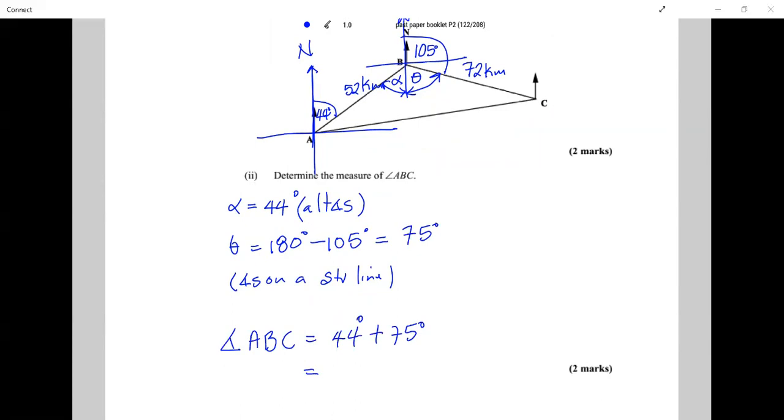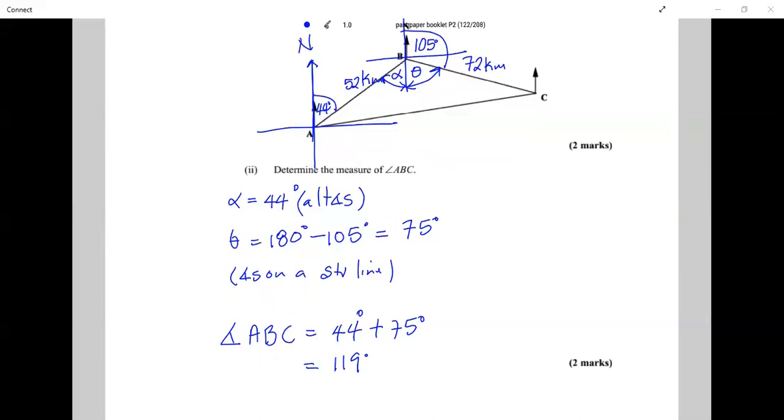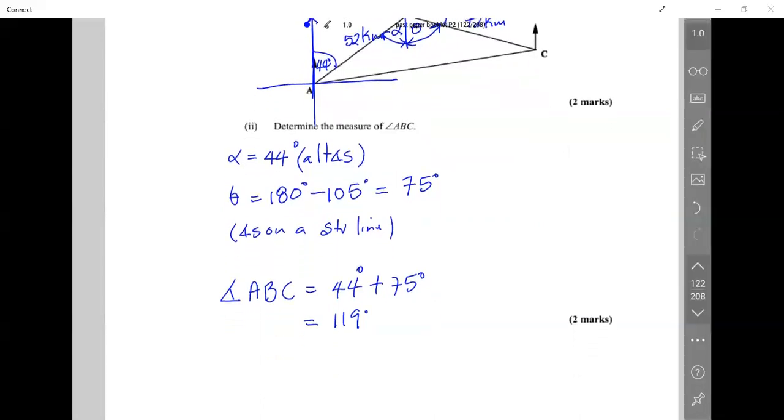No, 119? 119 degrees. Am I correct? Yeah, 119 degrees. All right. So let's turn the page and see what they're asking next.